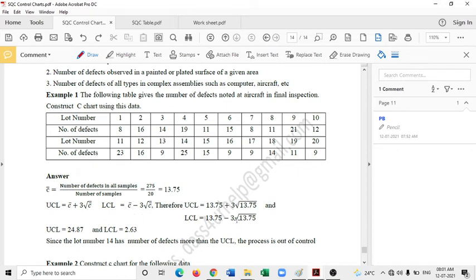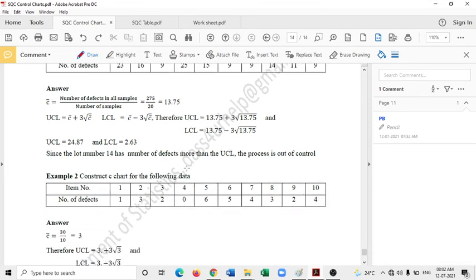So we get 24.87 and 2.63. Here we note that in lot number 14, there are 25 defects. So we found that the process is out of control.